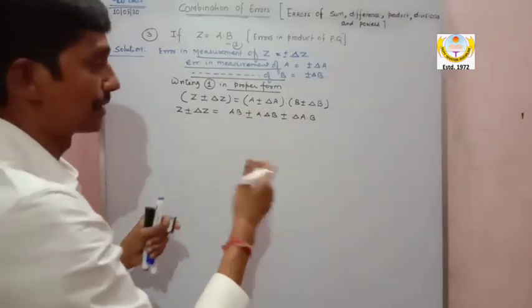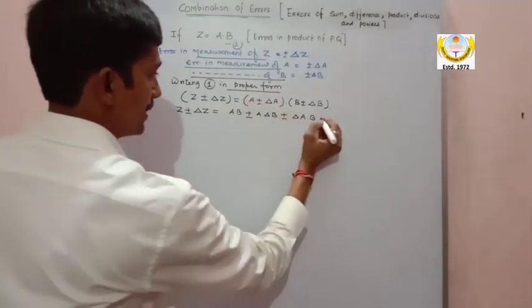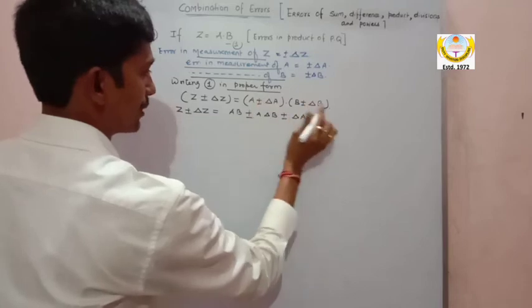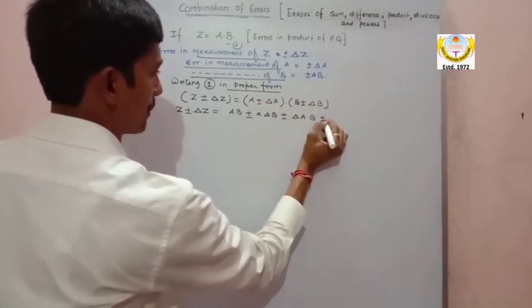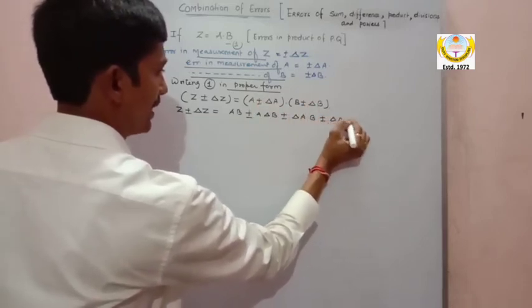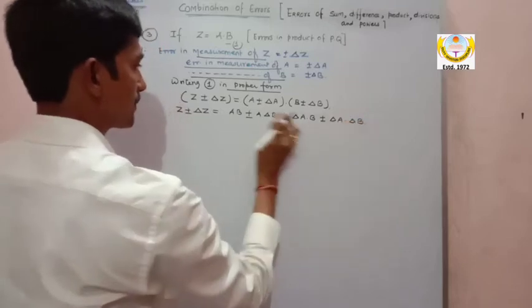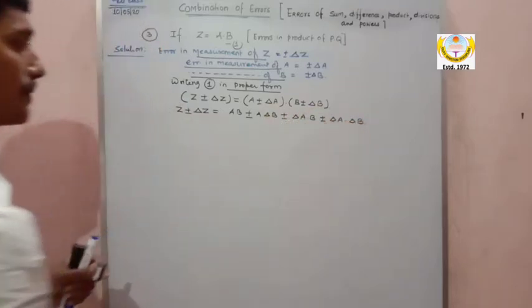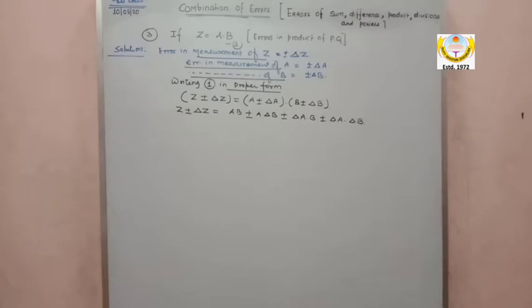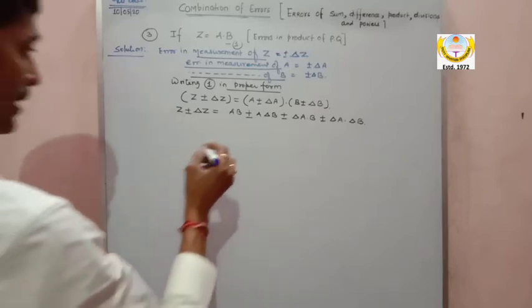This is called expansion. When I expand this, I get this value. I hope this step is clear.